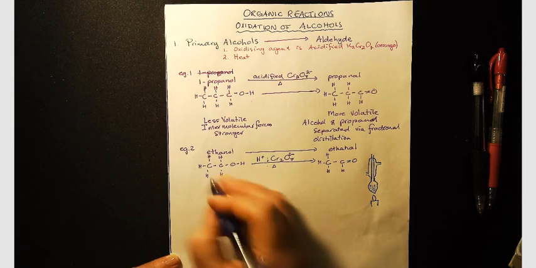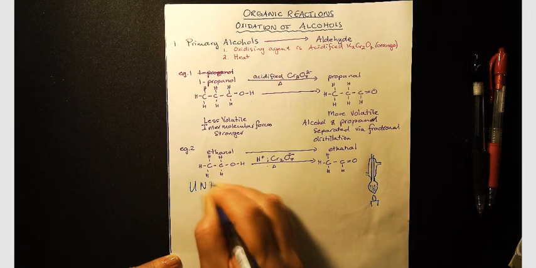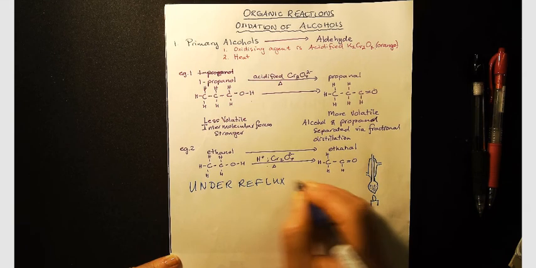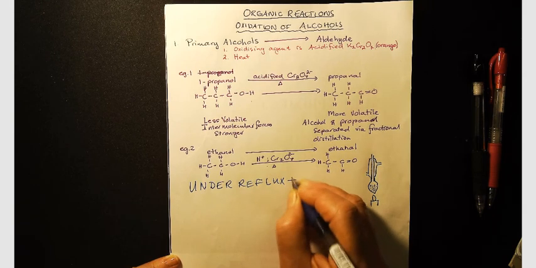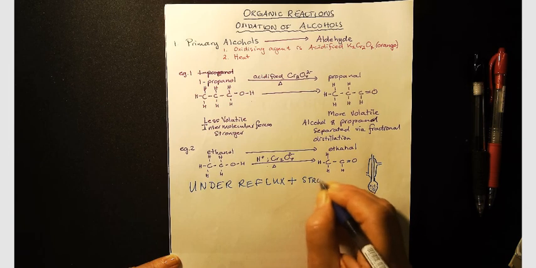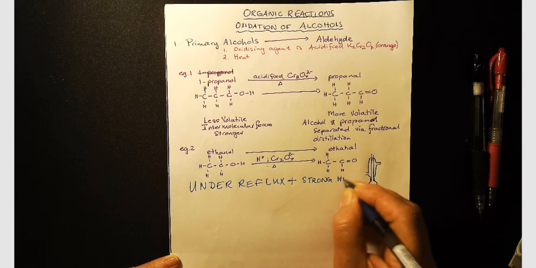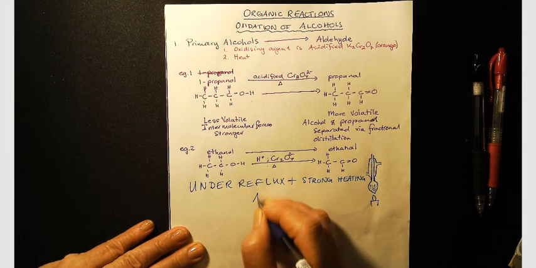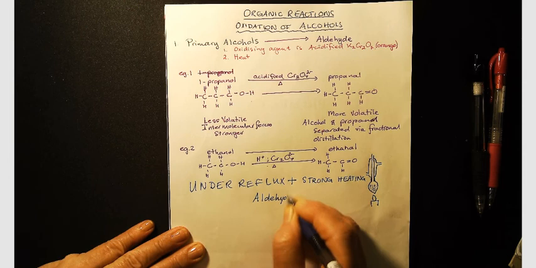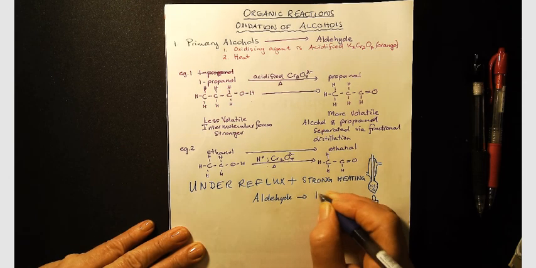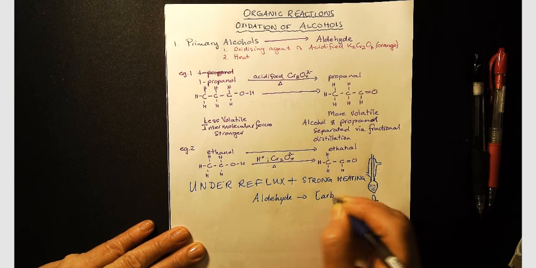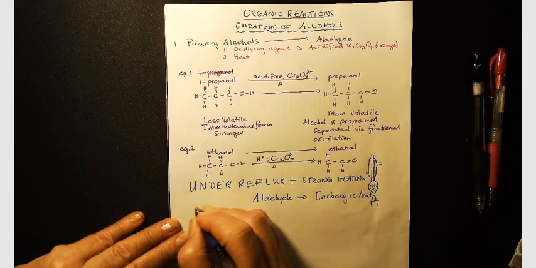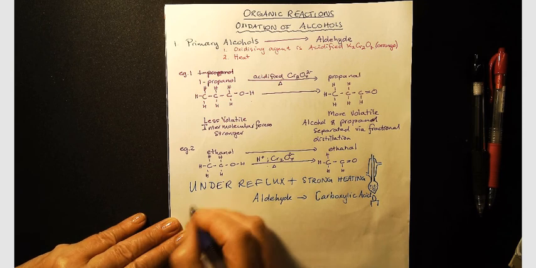So if under reflux and strong heating, the aldehyde will turn into a carboxylic acid. So we have the process in the presence of that strong oxidizing agent.